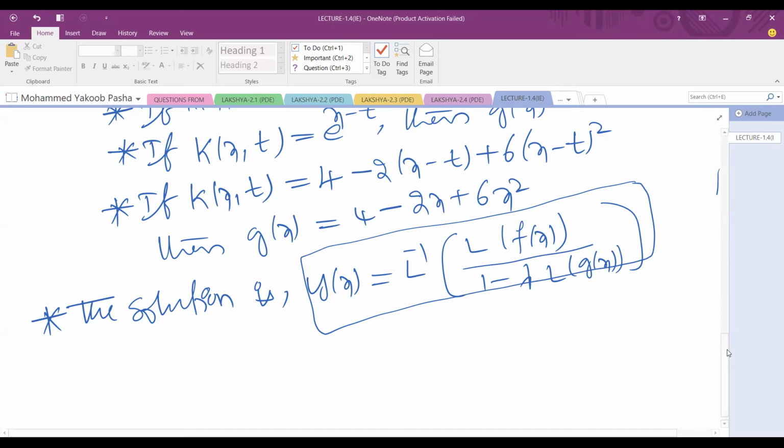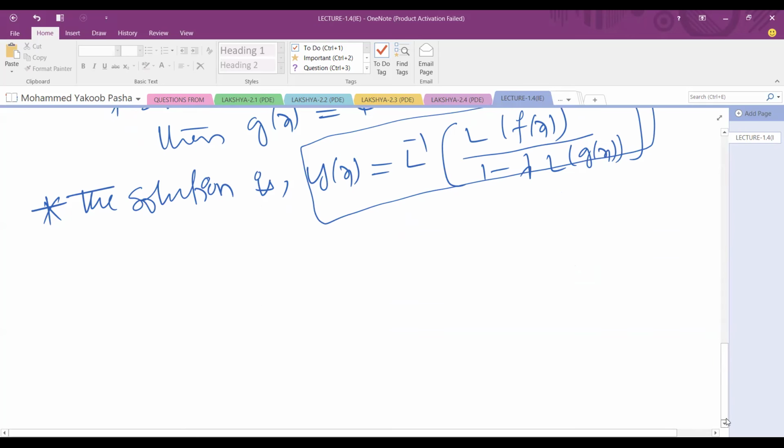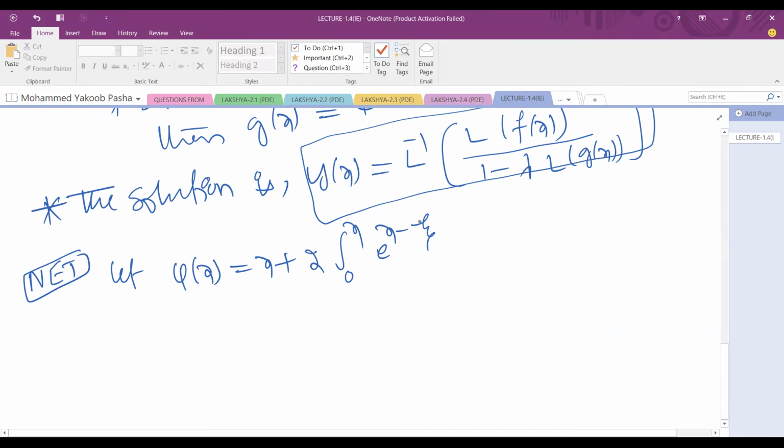Already we did one problem in the last class. Now I'm taking that problem again, in a different way. That is a CSIR NET question. See the question. Let phi of x is equal to x plus 2 into integral 0 to x e to the power of x minus z into phi of z dz.